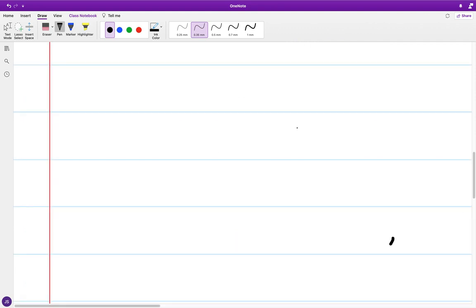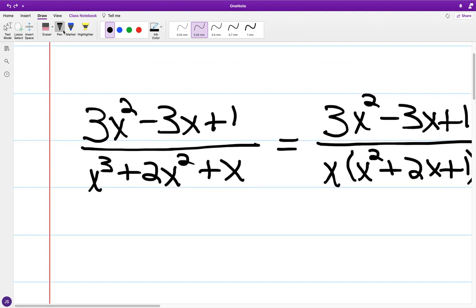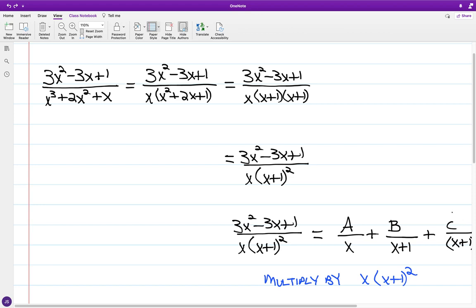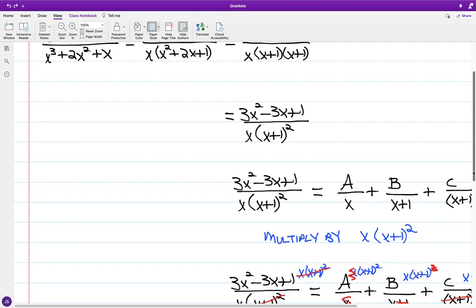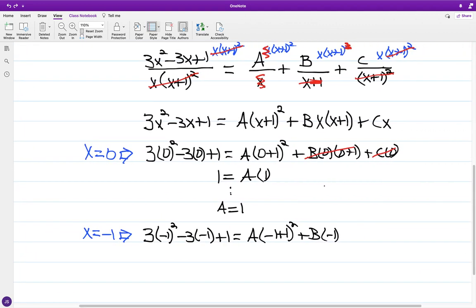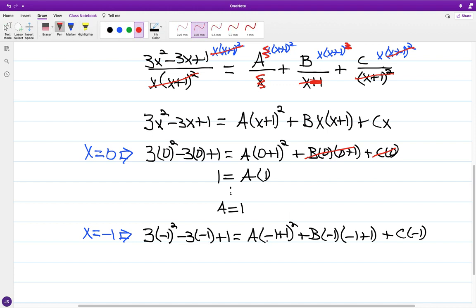And just filling in, at this particular stage, you have b times negative 1 times the quantity of negative 1 plus 1, plus c times negative 1. And again, negative 1 plus 1 is going to be 0, so a is going to go out. Negative 1 plus 1 is also 0, so b is going to go out.